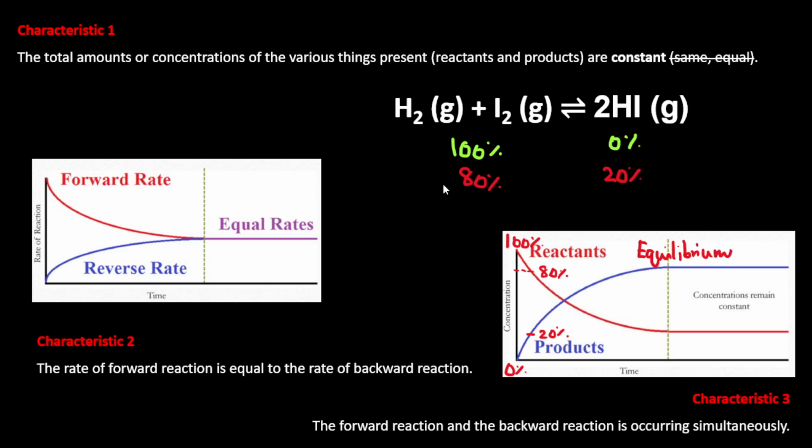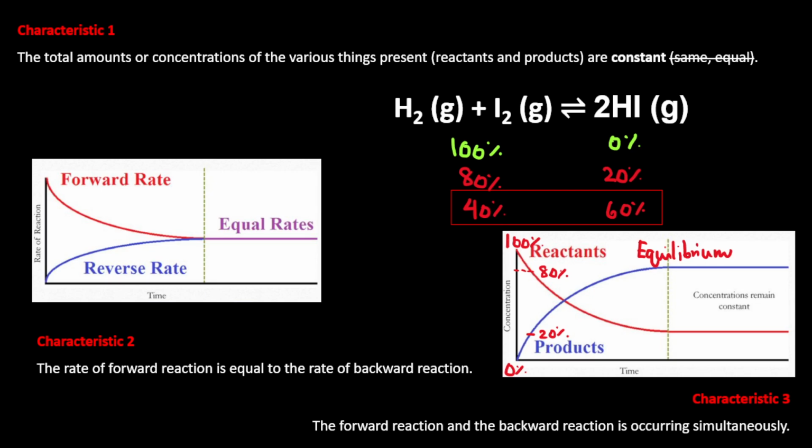At this place, let's say the reactants become 40%. Naturally, your product would be 60%. If there is no more change at all, then at this position the dynamic equilibrium has been achieved and the concentrations will remain constant at 40% and 60%.